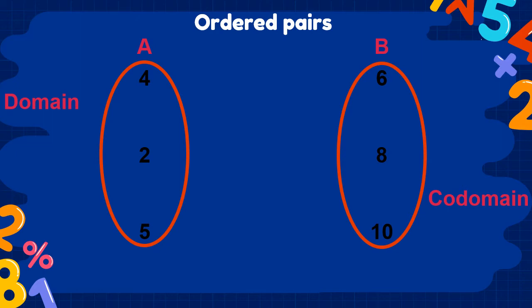As I mentioned, a relation can be represented by pairs of numbers, or ordered pairs.